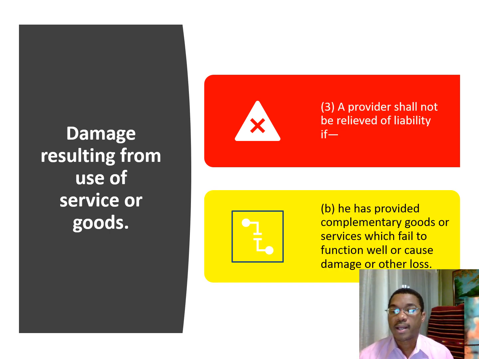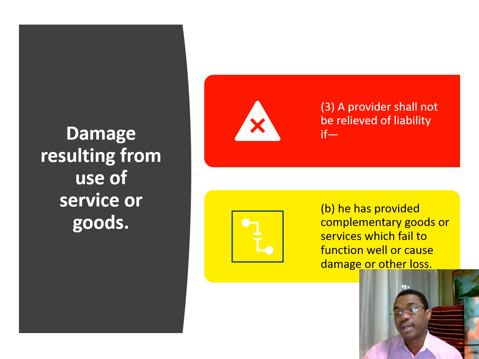Now, if he does provide complementary goods or service that fail to function effectively, then in those circumstances they will not be absolved. So what it therefore means is that the provider can offer to the consumer a replacement or an alternate product. It is up to the consumer whether they'll accept that, yes or no.